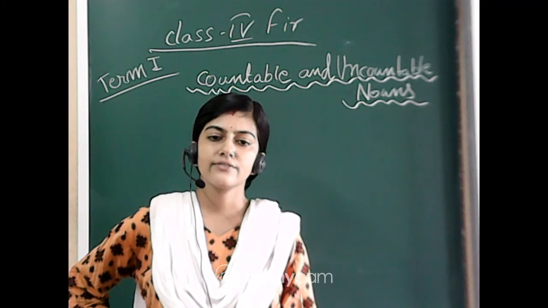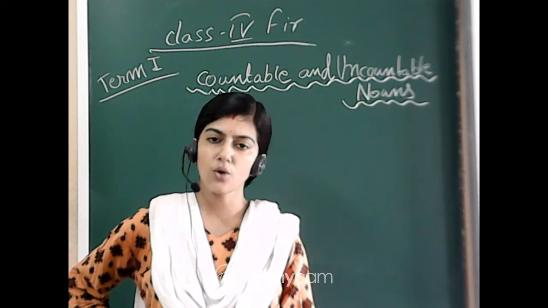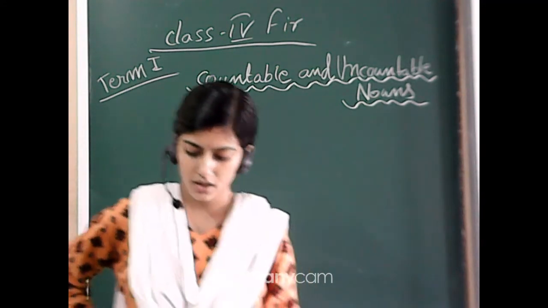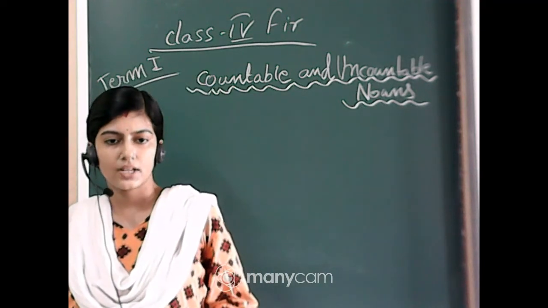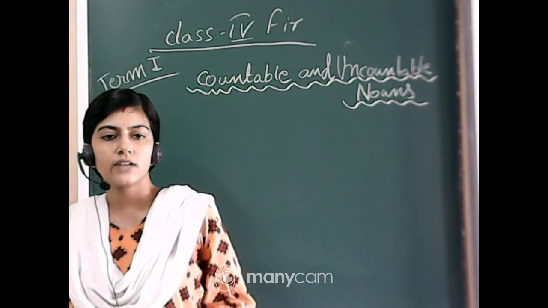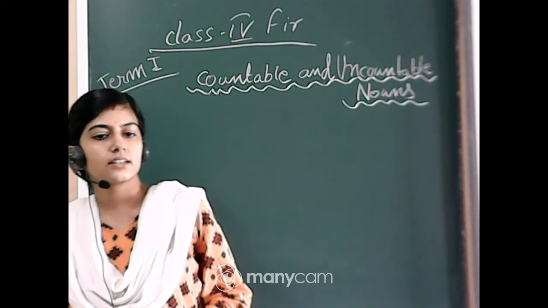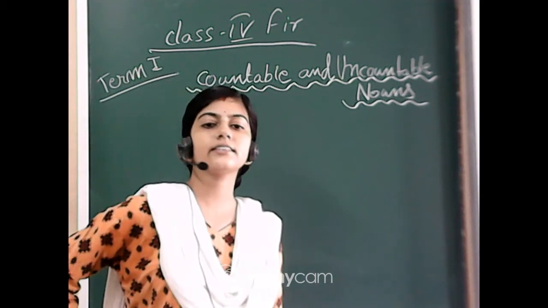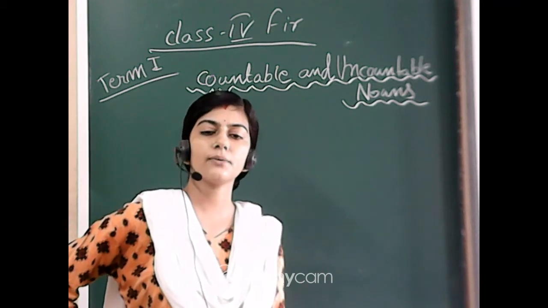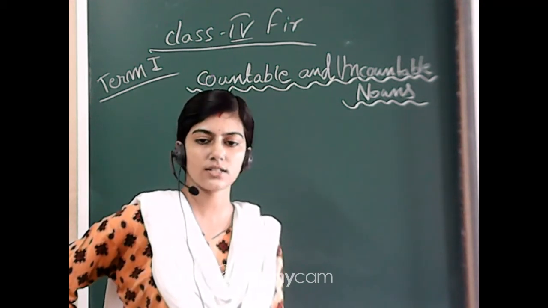That's why we can call it count noun also. The things around us which we can see, if we can count them easily, then we call them countable nouns or count nouns.